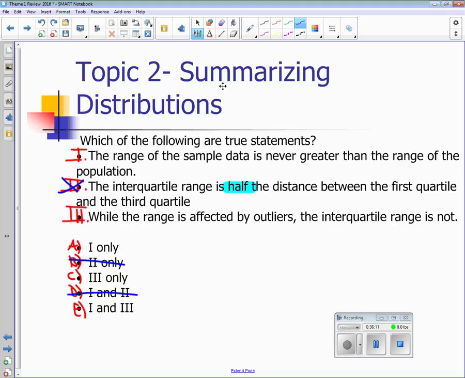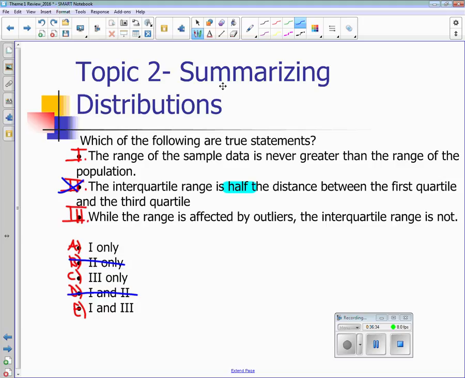Okay? So, how about number 1? True or false? It says we're looking for true statements. Is number 1 true? It is true. Let me tell you why. The population is everybody. Samples are within that population.